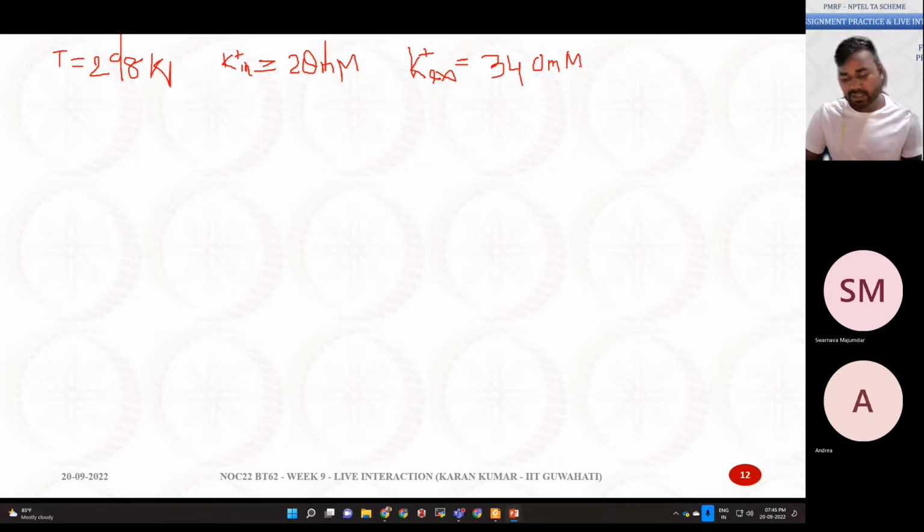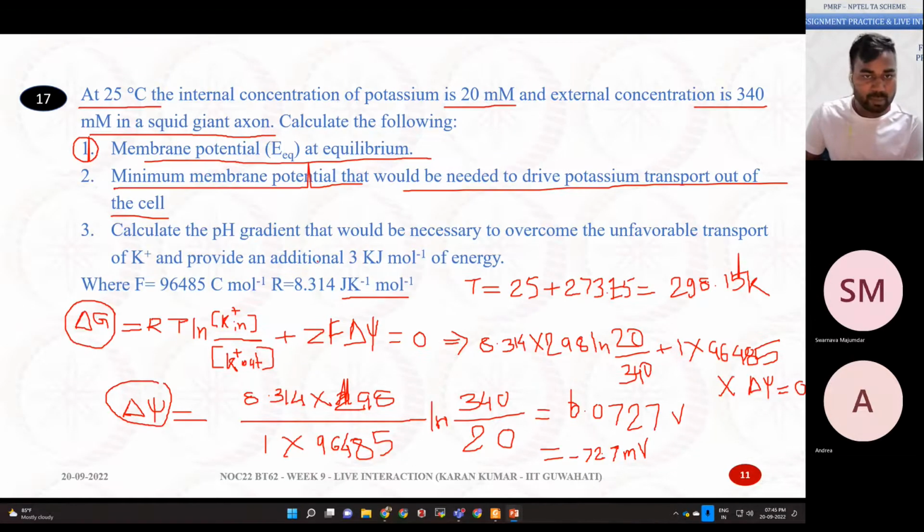And the Faraday constant, these are all given to you. Now you need to calculate the minimum membrane potential that would be needed to drive the potassium transport out of the cell. So out of the cell, if you want to calculate, that means you need to calculate what value? Delta G, chemical potential, right?